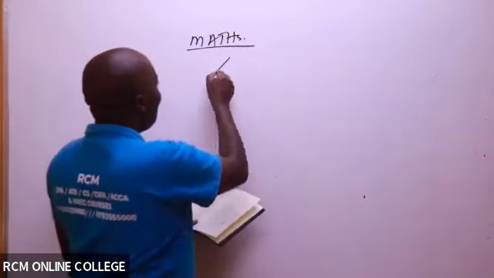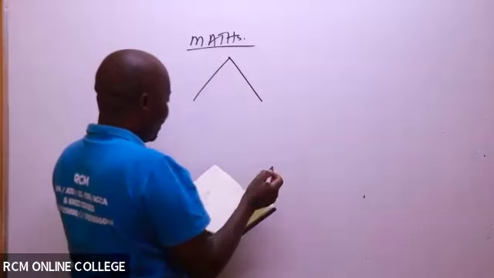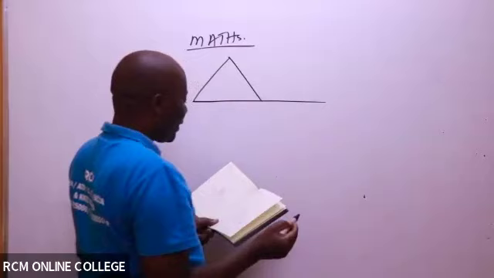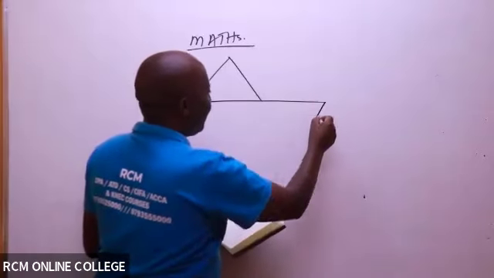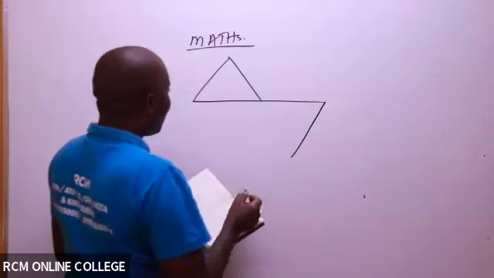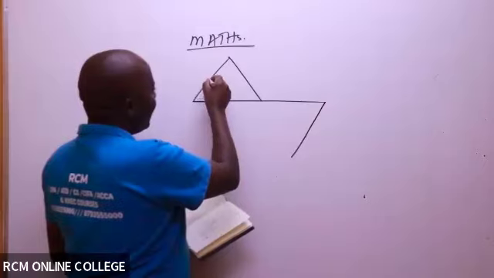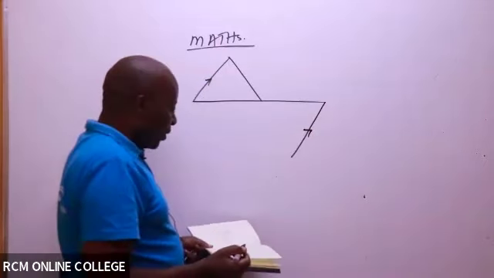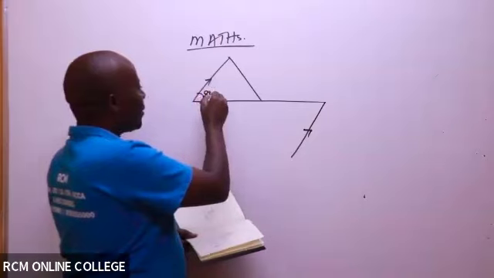So assuming you have a triangle, and in this case we have something like that, and then we have something like this. And then they are telling you that this line and this line are parallel.